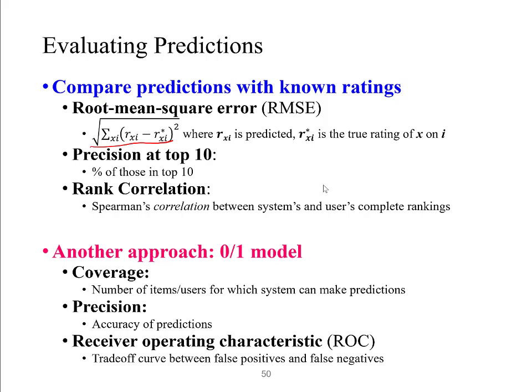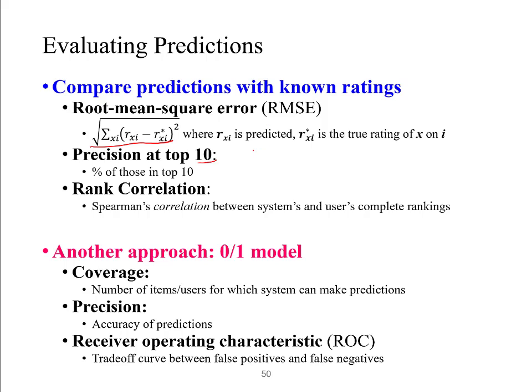For example, the precision at top 10. Here you can actually adjust this 10, turning it into other numbers like 5 or 20. So the idea here is that for a given user, we predict his ratings of different items. Although we do them one by one, we do have the ratings for different items. And if we sort the items by their ratings, then we can obtain the top 10 items with the highest ratings.